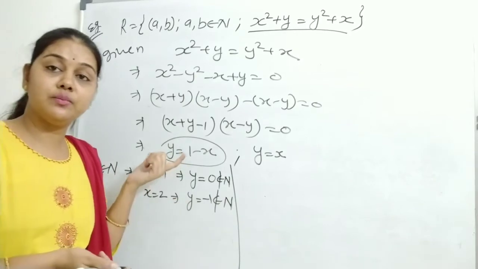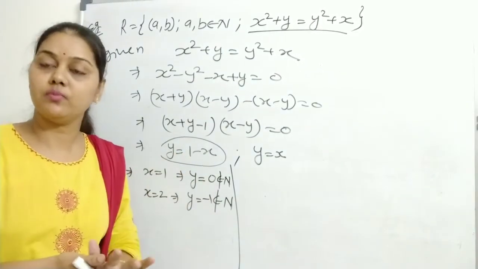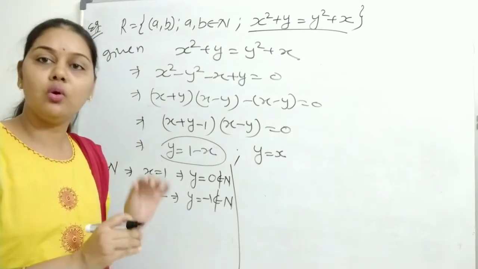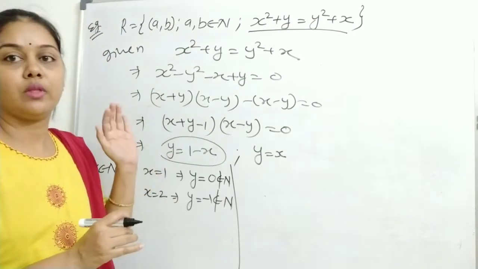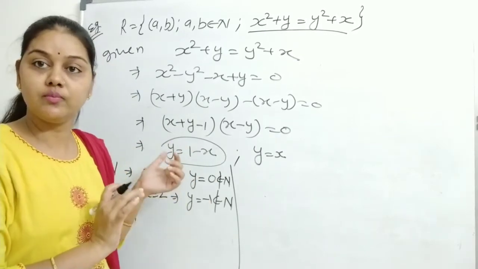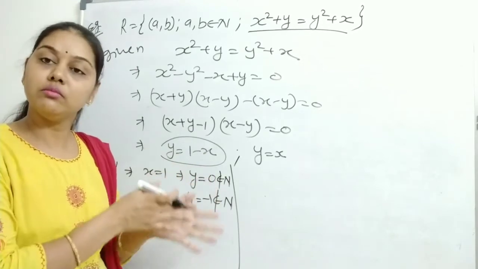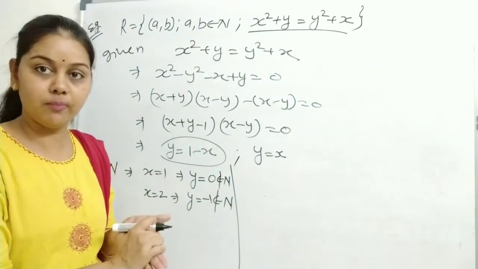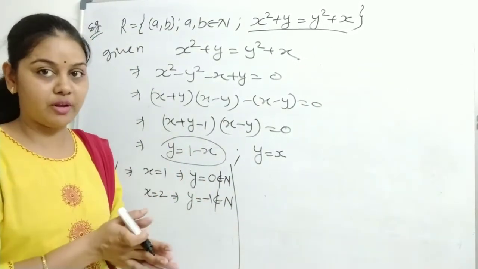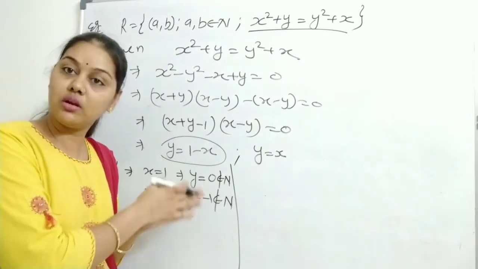This means that the relation y equals 1 minus x will never give you an image y as a natural number when we are putting x from the set of natural numbers. When the domain x is from natural numbers, y is not a natural number.